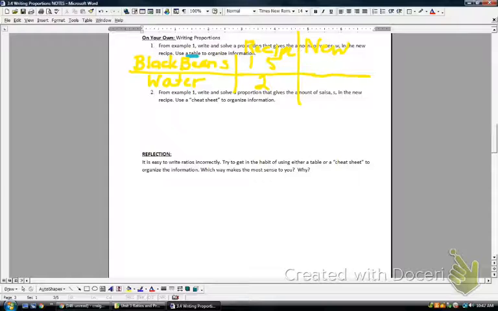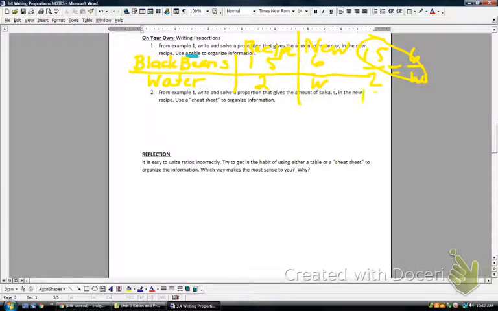Then for my new recipe, I'm increasing it to 6, and water is what I'm trying to find. So I'm going to set that up, 1.5 to 2, and I usually use columns. It just makes the most sense to me. And then I have 6 to W, but if rows make sense to you, that is fine too. It works the same way.